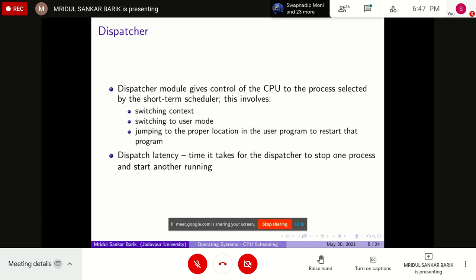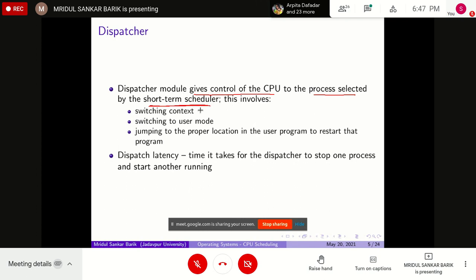It only does the selection, but the actual assignment of the CPU to that selected process is performed by the dispatcher module.